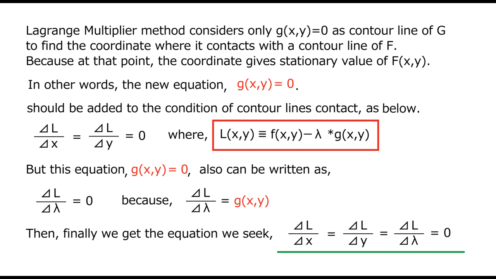So if a function L(x,y) is defined as shown in a red frame, when g(x,y) equals 0, the partial differential of L by lambda becomes 0.